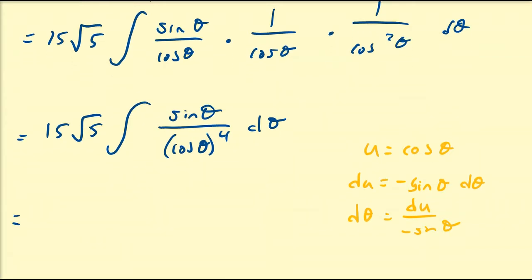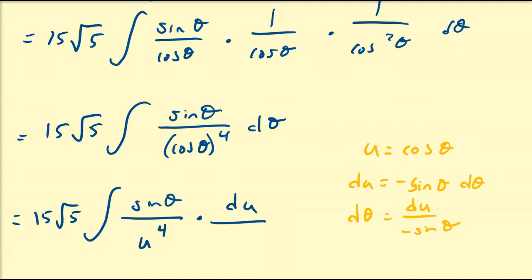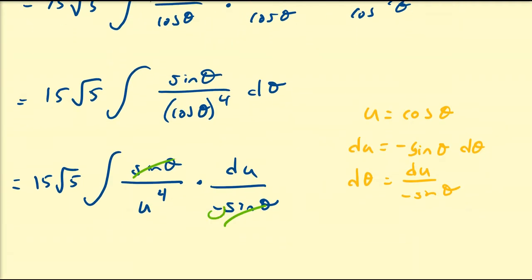So transforming, this is going to be equal to 15 square root of 5 times the integral of sine of theta divided by u, which was defined to be equal to cosine theta. So we have u to the 4th times d theta we found to be equal to du all over minus sine theta. By design, we have our negative signs that cancel, and we can factor out this negative sign out here.